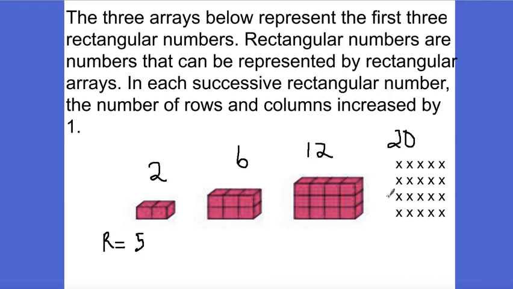It will have 5 rows and 6 columns. 1, 2, 3, 4, 5, and then 6. And then the columns will be 6. So that means that the next rectangular number will be 30, because it'll be 5 times 6, so that'll be 30.